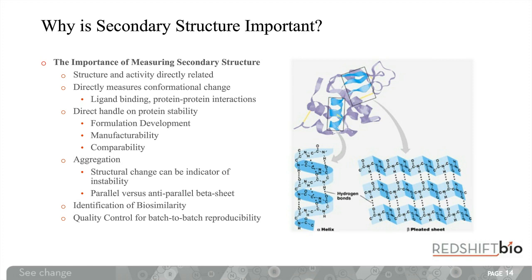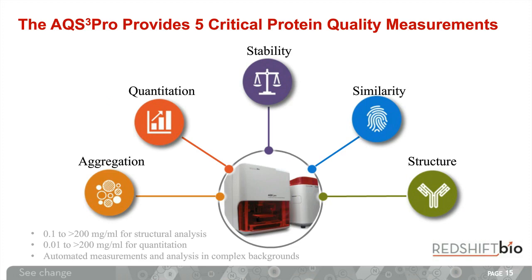And particularly in this example for this talk, we will be using Microfluidic Modulation Spectroscopy for the identification of biosimilarity and for quality control in batch-to-batch comparisons. So in summary, the AQS3 Pro, using Microfluidic Modulation Spectroscopy, provides 5 critical measurements that are related to the protein workflow.